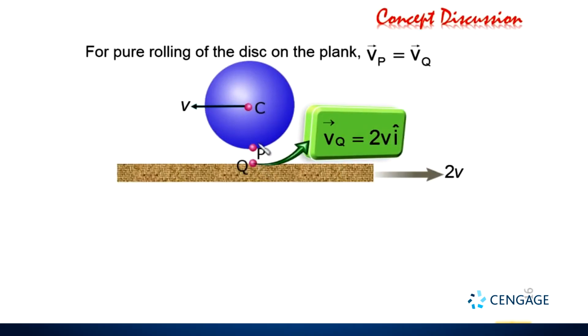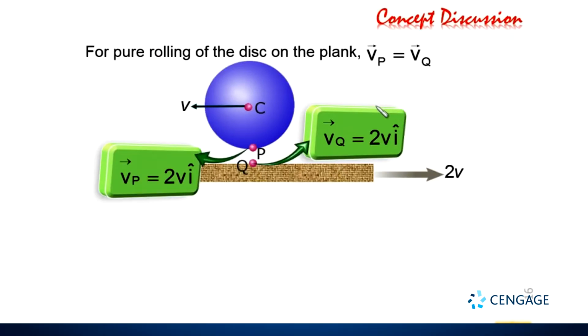For avoiding the relative sliding, the velocity of P should also be in the rightward direction and have the same magnitude, that is 2v. You can observe in this diagram, the center of mass of this disk is moving in the leftward direction, but requirement is the velocity of point P should be in the rightward direction.